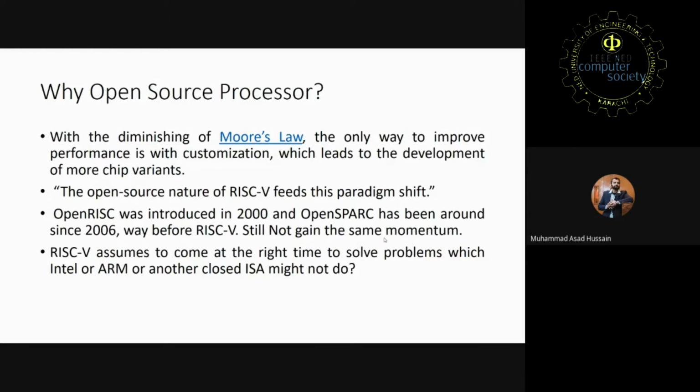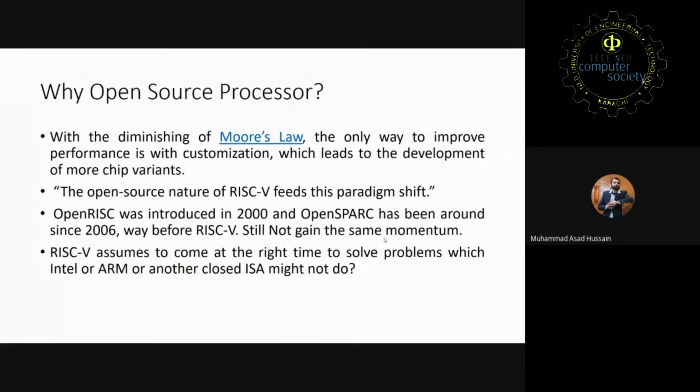You have heard about some of the architectures that are commonly used in our daily life, like the Intel and ARM processors. Intel uses the x86 architecture, and ARM uses the ARM version 7 or version 8 architecture. These architectures are proprietary. You cannot customize them. You are dependent.